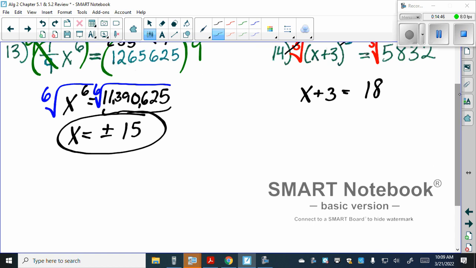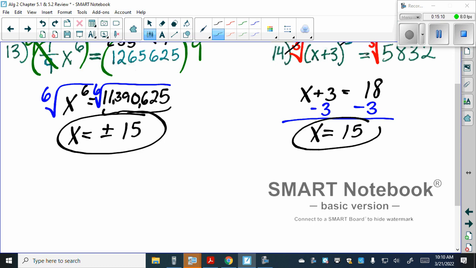So with odd roots, so cubics, we don't have to add the plus or minus, because no matter what's inside the odd root, we only have one real root. Which just leaves us with our last step of getting x by itself. So we would need to subtract 3 from both sides, telling us x is equal to 13.